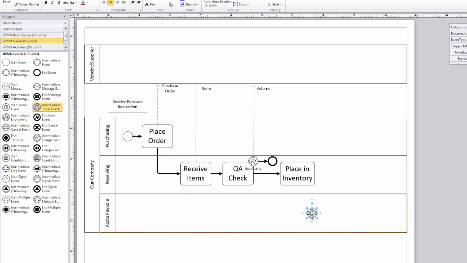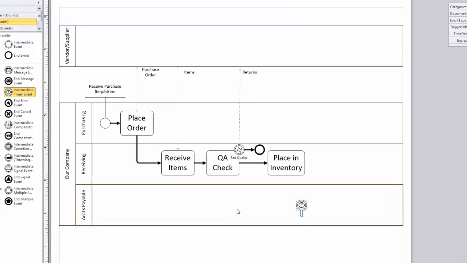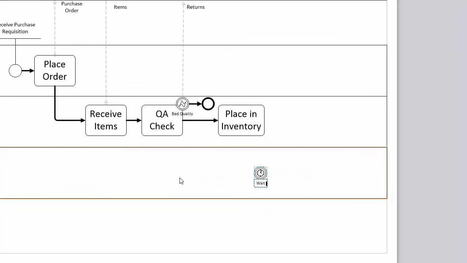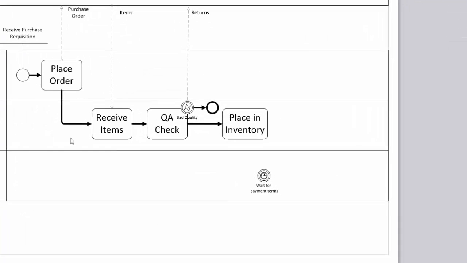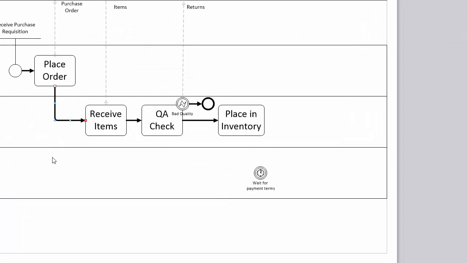And what they're going to do is they're going to wait for payment terms. Whatever those happen to be. Could be 30 days, could be the middle of the month, the end of the month, could be whatever our payment terms happen to be, could be the discount period.